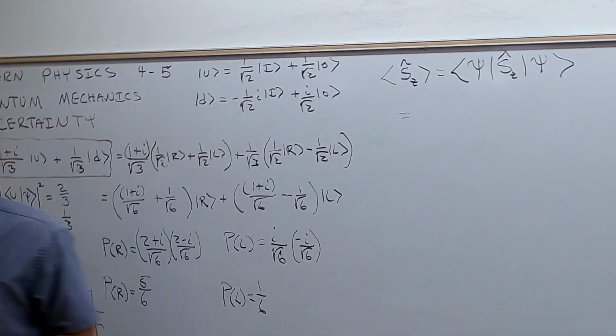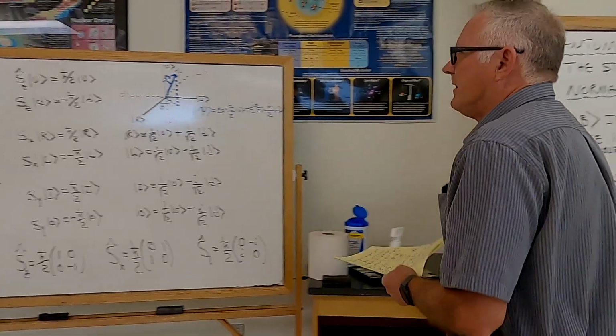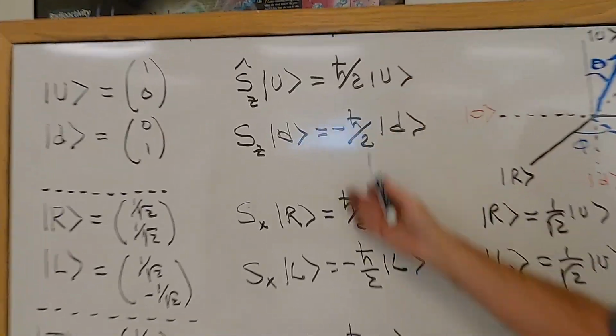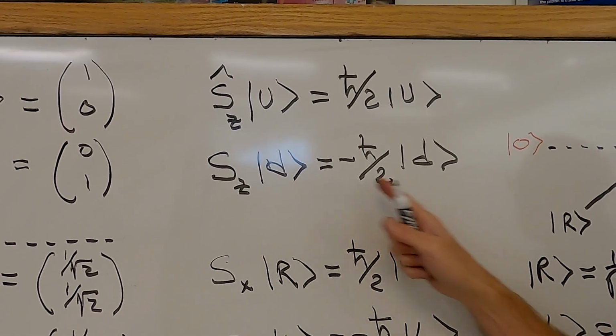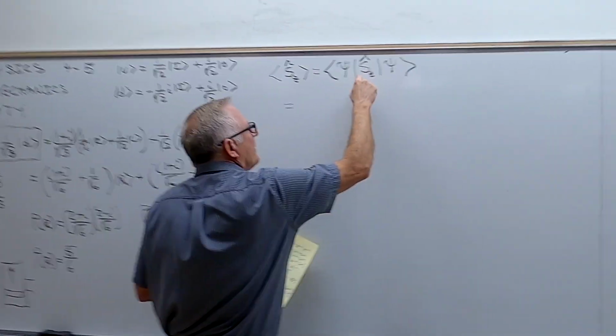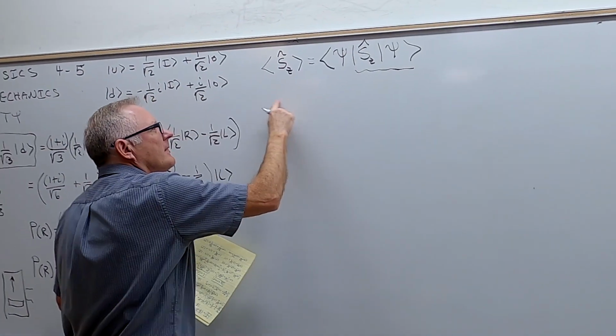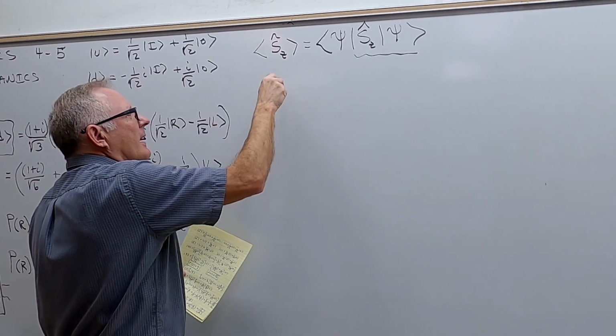if I just use this information over here. We know S sub Z on up is this, and S sub Z on down gives me that. So let's just worry about that part right there, S sub Z acting on psi.